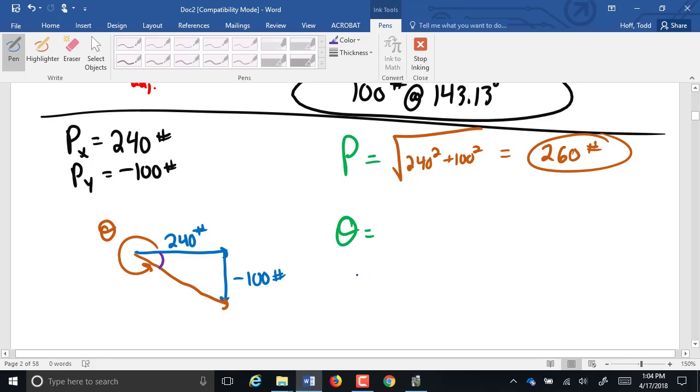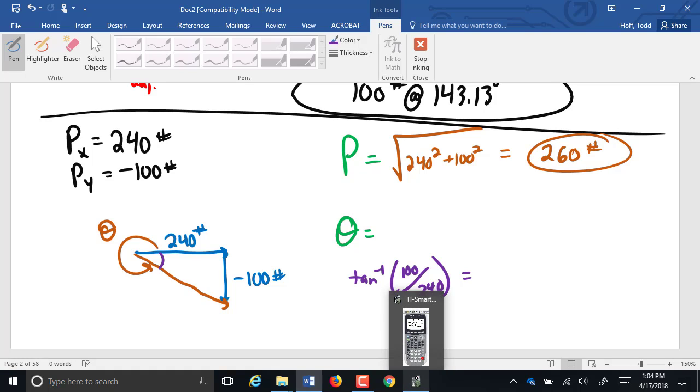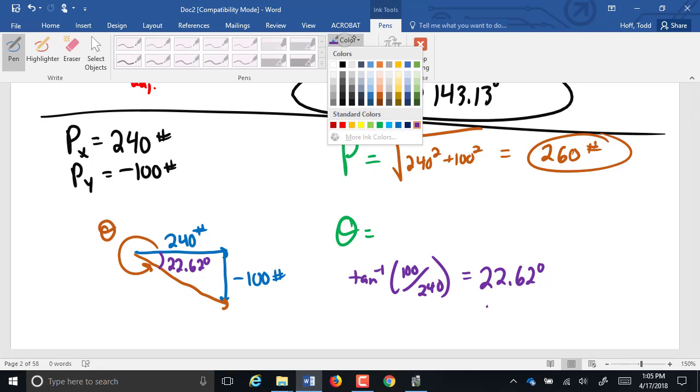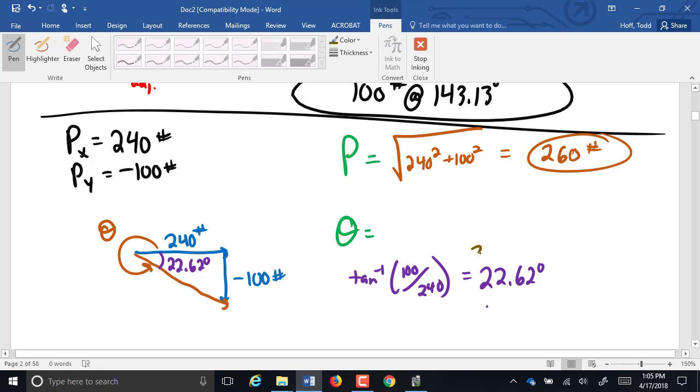That reference angle is going to be the inverse tangent of 100 over 240. Notice we don't use the negatives, which is going to give us what, like 26.56 or 26.57? 22.62, okay. 22.62 degrees. So that's 22.62 degrees here. To get the actual angle theta, we subtract that from 360.